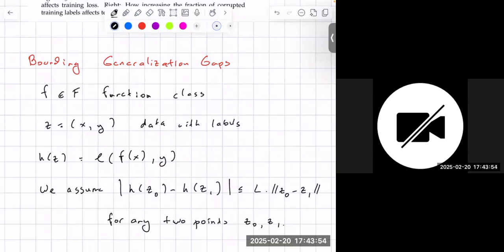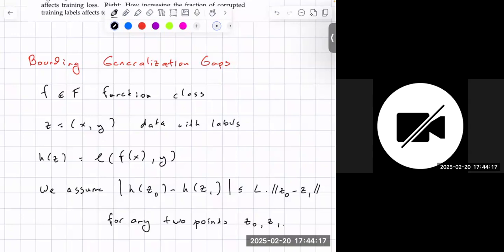And I have a loss function that I agreed on. You put your predictor compared against the correct label, put your loss. Let's call it H. And I would like this thing to be not so crazy. If I gave it two similar data, I would like a similar performance. Okay. If this thing is too crazy, it's very hard to prove anything about it.